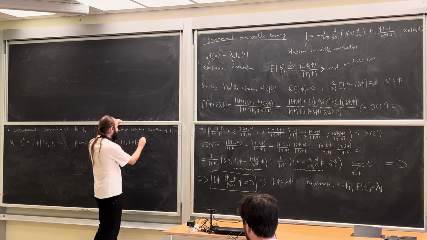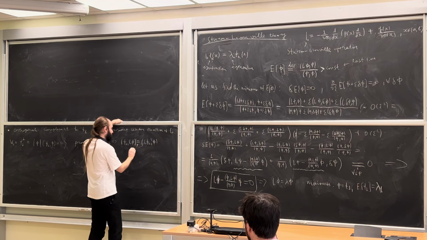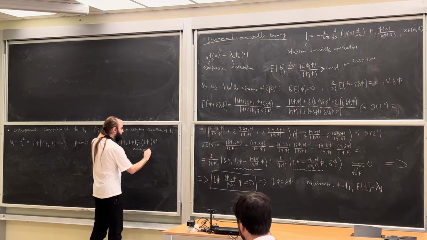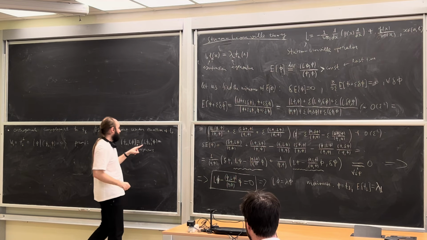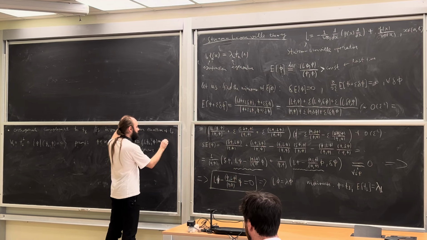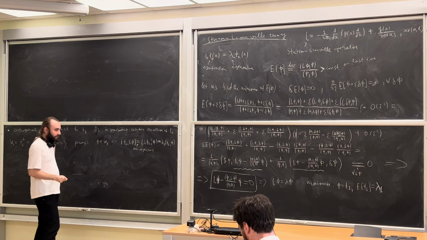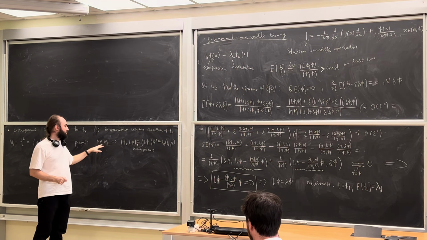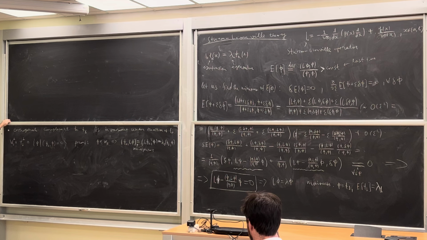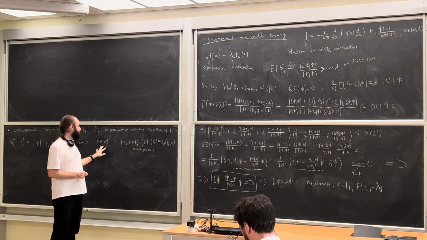Using the properties of the scalar product, this equals lambda 1 psi 1 times phi, which is 0, because phi was from this orthogonal complement.